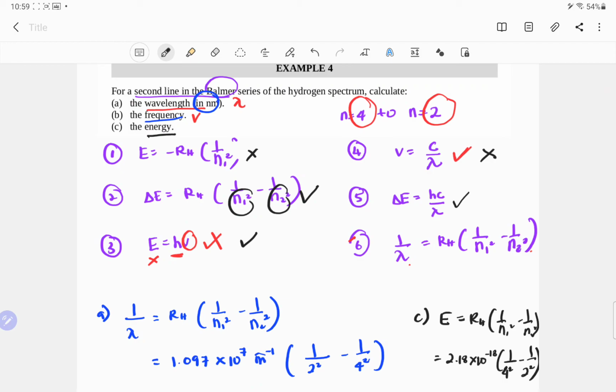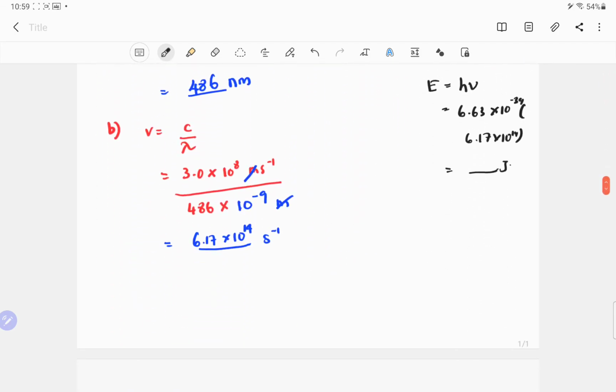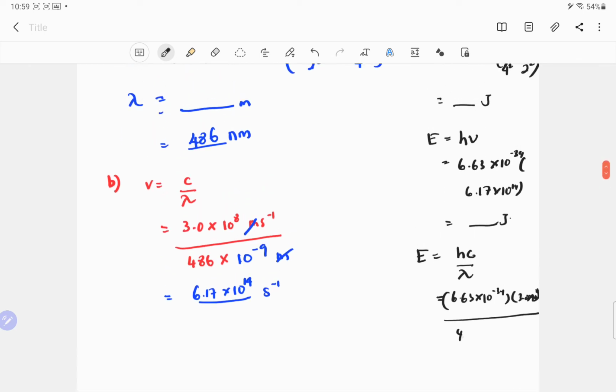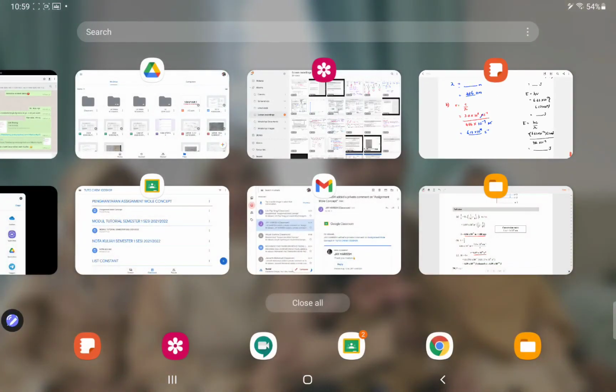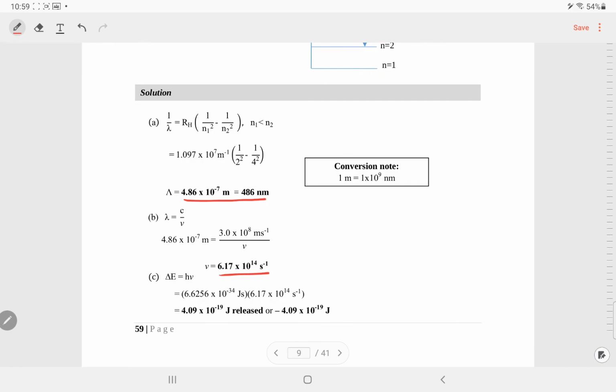Formula number 5 has E, so we can also use formula number 5: E equals hc over lambda. H is 6.63 times 10 to the power of negative 34, c is 3.0 times 10 to the power of 8, over lambda, which is 486 times 10 to the power of negative 9. You still get the unit joule and the same answer. So it doesn't matter which formula you use.